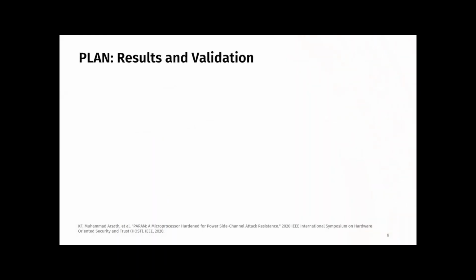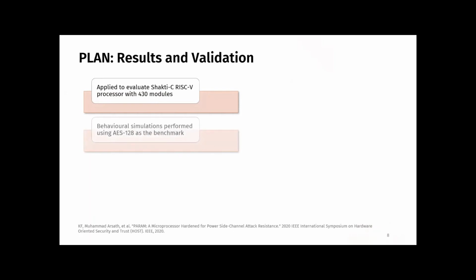So let me briefly discuss how plan, the tool, has been validated. Plan has been used to evaluate the Shakti-C RISC-V processor with 430 modules by performing behavioral simulations using the AES-128 as the benchmark.